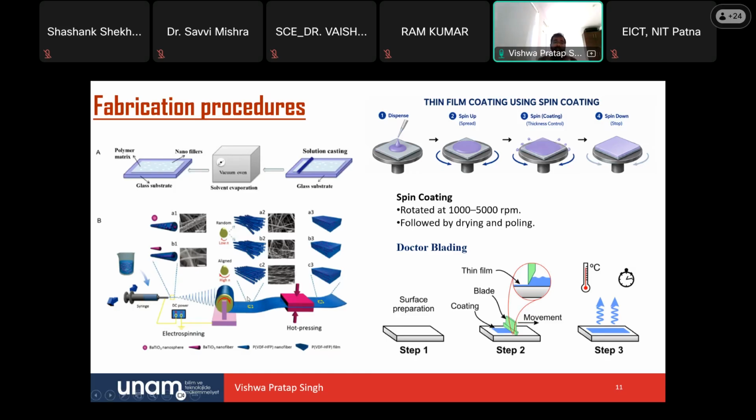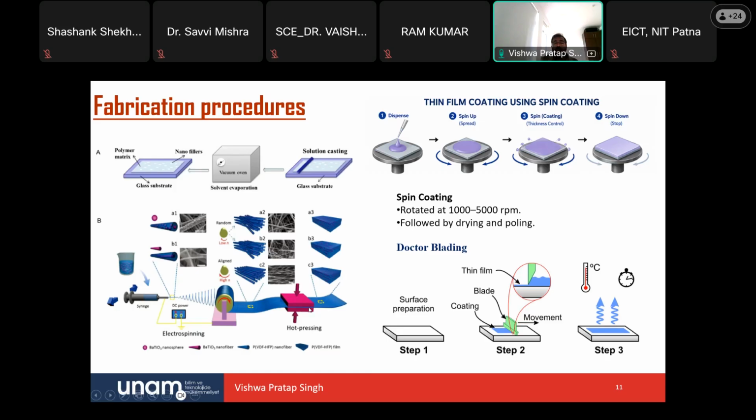And another thing is that you can get any material, even bulk material, and cut them, and you can hot press them. You can still get the film. But obviously if it is not hot pressed in a very good way, that film might have higher porosity, and thickness is also an issue in this case.